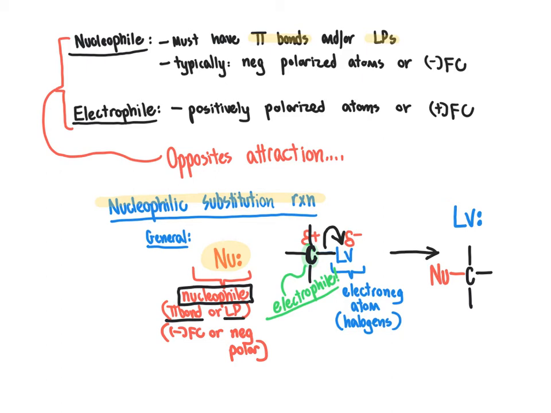In order to be positively polarized, it needs to be bonded to the electronegative atom that's going to break away during the course of the reaction. So what that's going to leave us with is, as our product, our leaving group will have broken away and left, and our other product, or organic product, is typically what we're most interested in here, is going to have a new nucleophile bonded to it that is substituted in for the leaving group that has left.